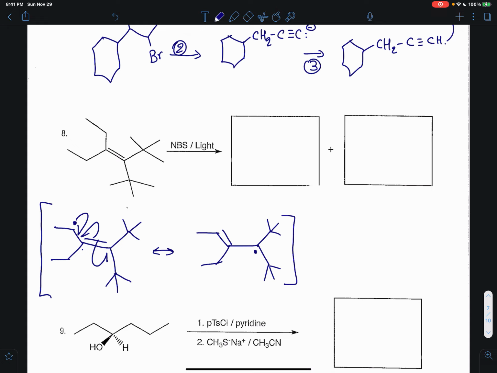So now, wherever I form those radicals, I'm just going to add a Br. So for the first one, I'm going to have a Br right here, and a double bond here. And then for the second one, I'm going to have a double bond right here with the Br right here. So it's just the old reactions. It's a little bit complicated because you have that resonance contributor in it, and that can form another bromine.